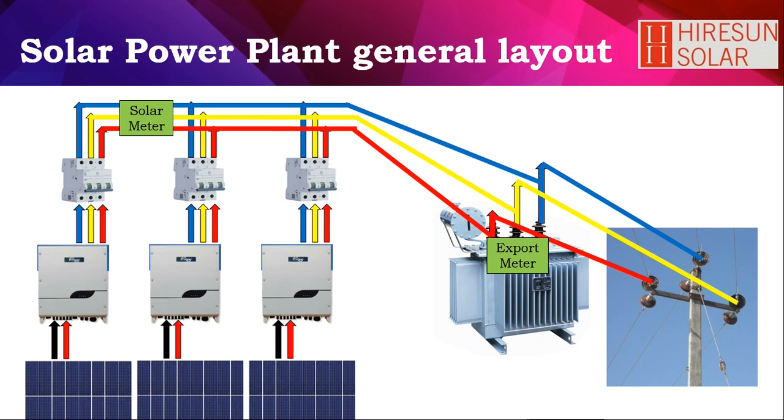This is the normal, or you can say generalized layout of solar power plant. But in a specific case, for example nearby our campus, we are having multiple transformers. We have installations of 1 megawatt.